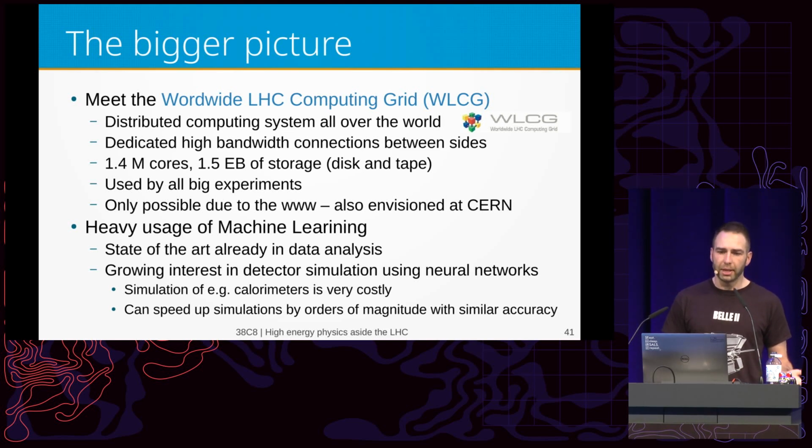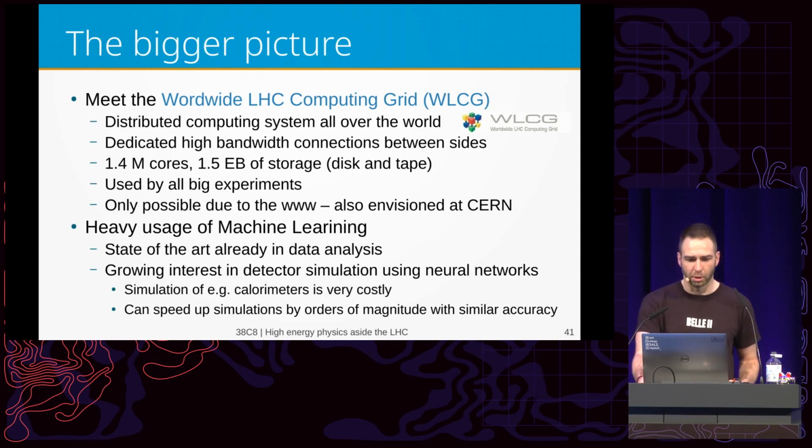Currently, it consists of more than 1.4 million cores, 1.5 exabyte of storage on both disk and tape, on 170 sites all over the world, used by all big experiments, and by now also astrophysics and others come in, because if there's an infrastructure, why not use it instead of building it from scratch? And of course, this is only possible due to the World Wide Web, which all of you, I guess, know also was envisioned and started at CERN.